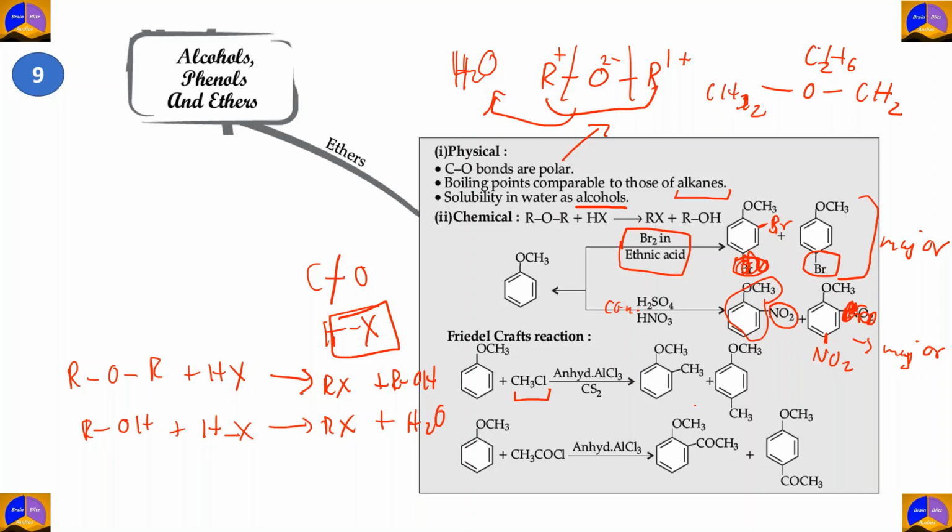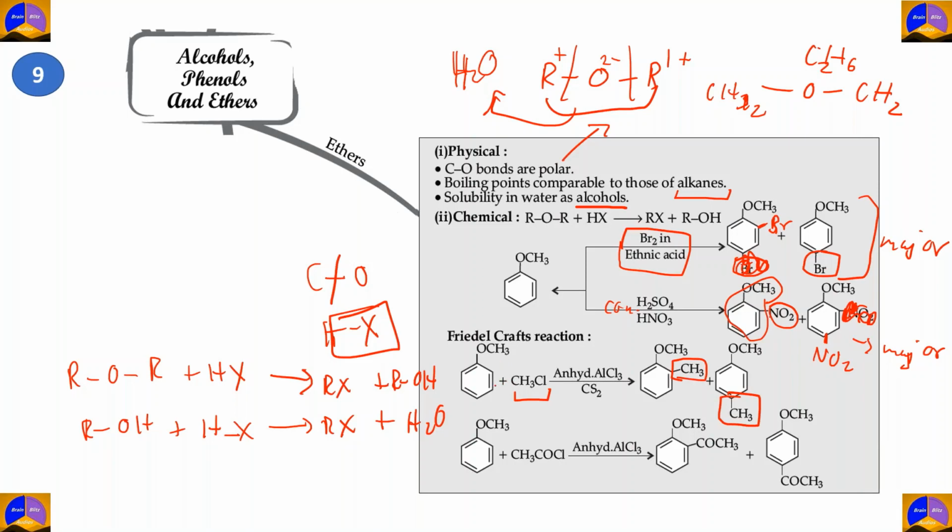These compounds are known as toluenes. The reason why they're known as toluenes is that the methyl group gets attached to it. So it becomes a toluene, which is benzene plus a methyl group substituent.